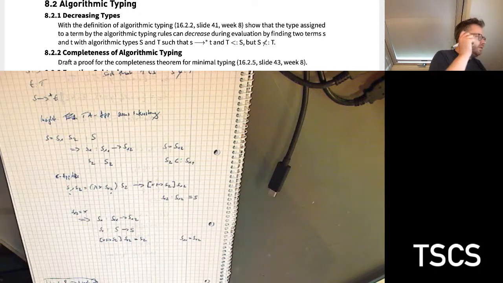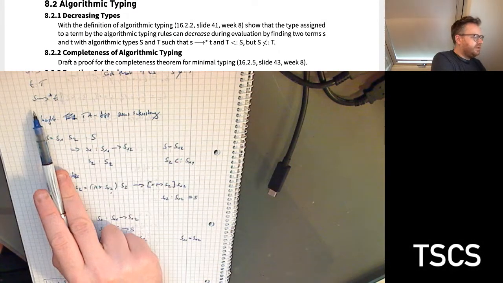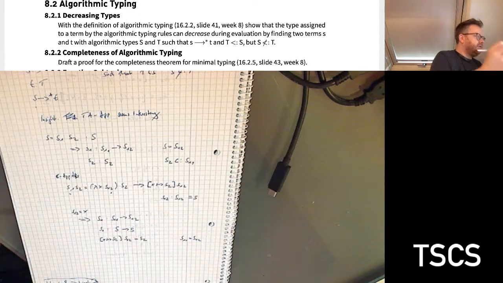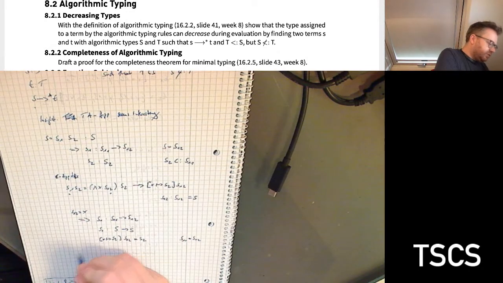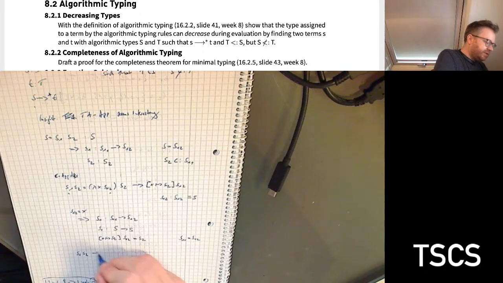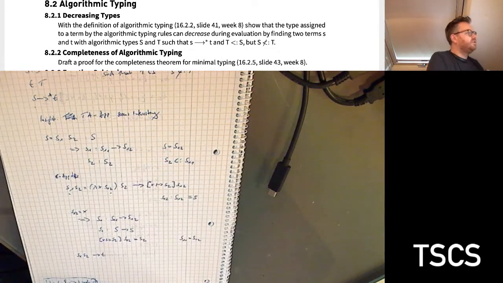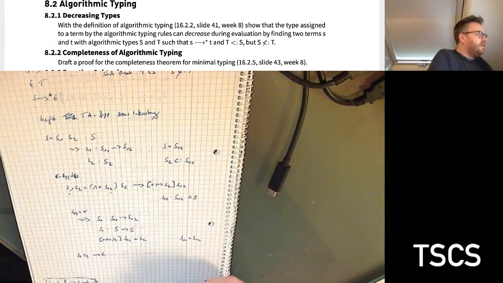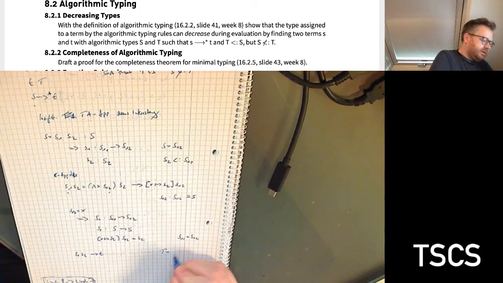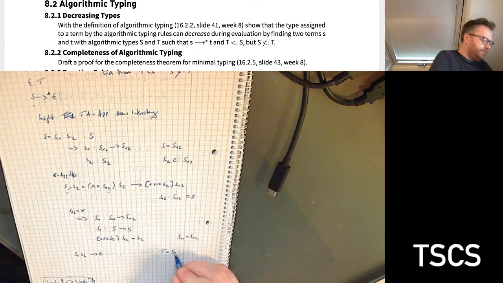So now we go up here again, that S eventually evaluates to T. So S1, S2, which is S, evaluates, let's say in one step, we're free to do so, why not? To T, and then we would see T must be T2.